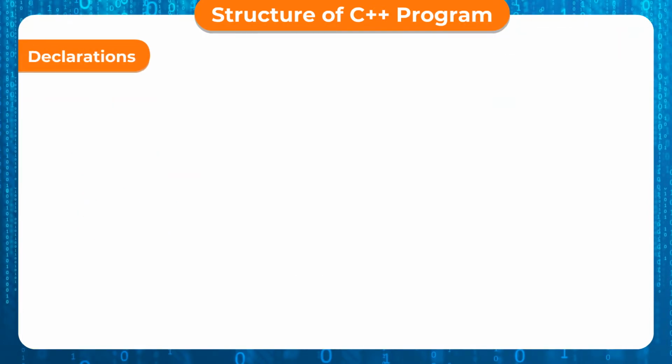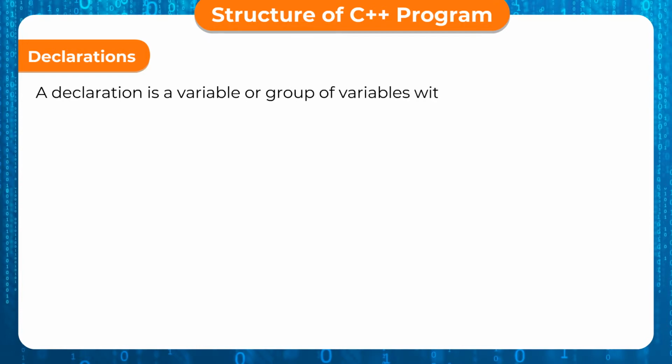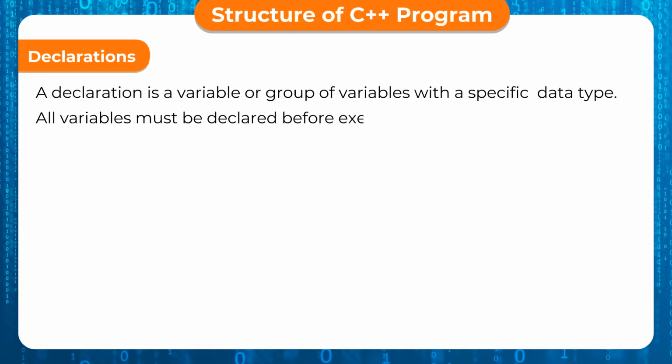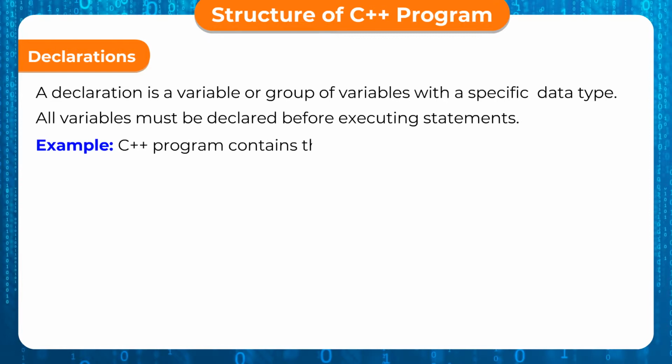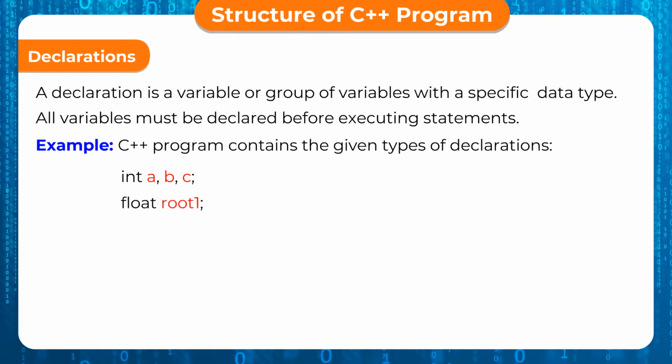Declarations. A declaration is a variable or group of variables with a specific data type. All variables must be declared before executing statements. Example: a C++ program contains the given types of declarations: int a, b, c; float root1; char sum.